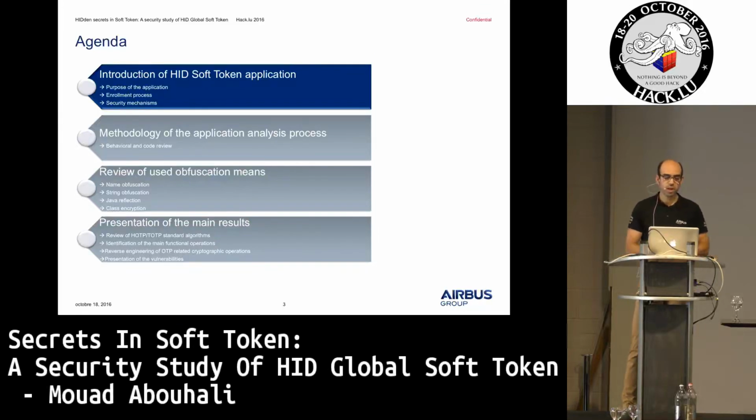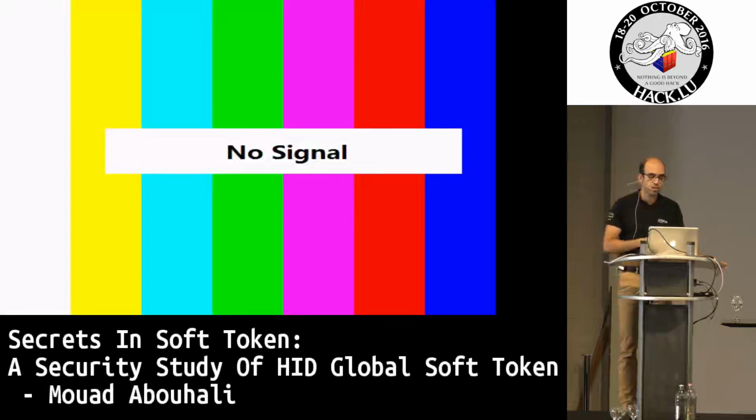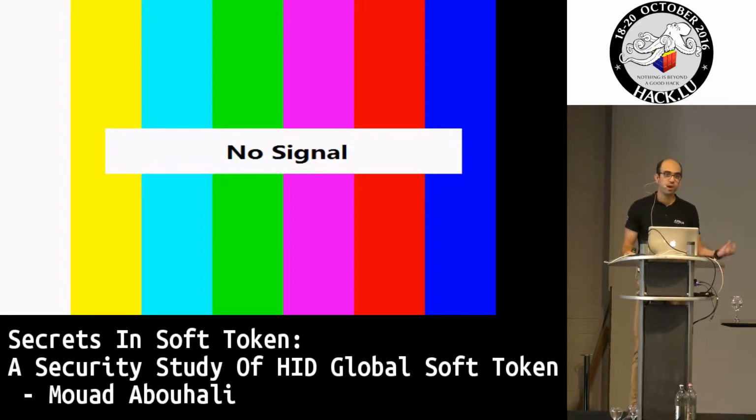Now take the hardware part and replace it with a software part. In our case, we are talking about the HID logo that you can see here each time. The end user is going to use a mobile phone as a device to authenticate himself against an authentication gateway. So the application will be installed on a mobile device.